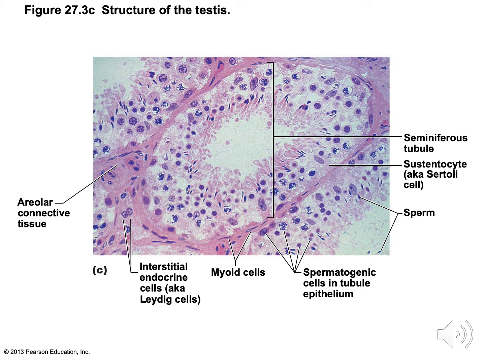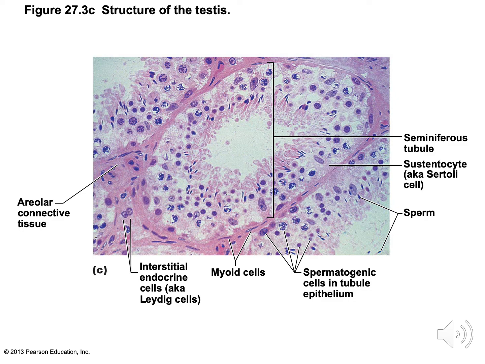Now, as sperm are produced, they start at the perimeter of those tubes, and they go through multiple stages of meiosis as they move towards the center, or the lumen, of the seminiferous tubule, because they want to stay in there. Because ultimately, remember, those seminiferous tubules are going to be funneled into the epididymis and then into the vas deferens.